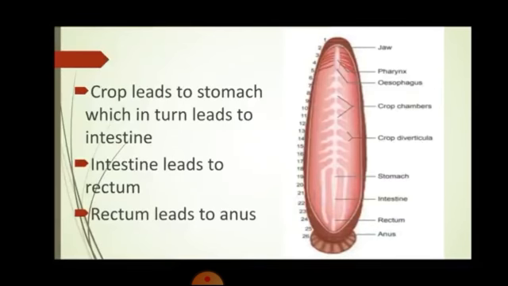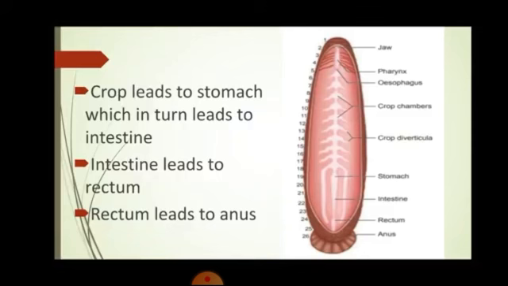Here you can see the picture of the digestive system. It begins with the jaws, which are present inside the mouth. The mouth leads to the buccal cavity, inside which the jaw is present.